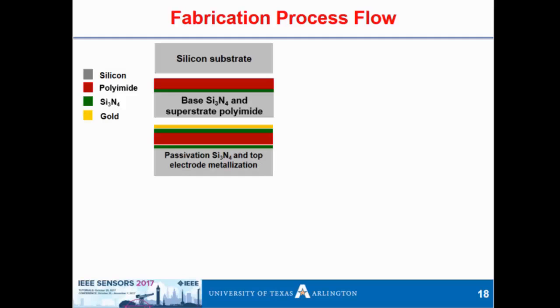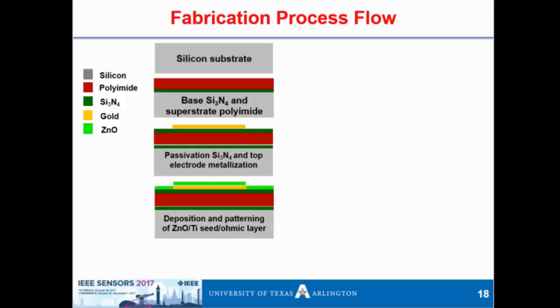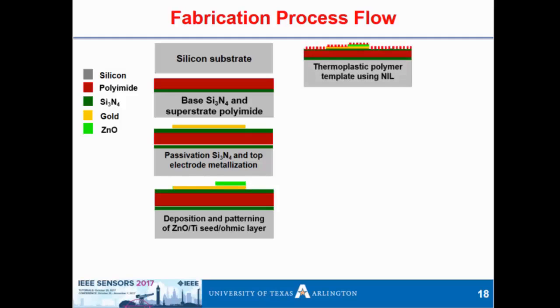Then we put another silicon nitride layer, and we put a gold seed layer, pattern the gold seed layer, and then we put a gold layer, that's our electrode, and then we put our zinc oxide seed layer with a titanium oxide layer and pattern them. So this is our template, a thermoplastic polymer template, which is lithographed with NIL and embossed.